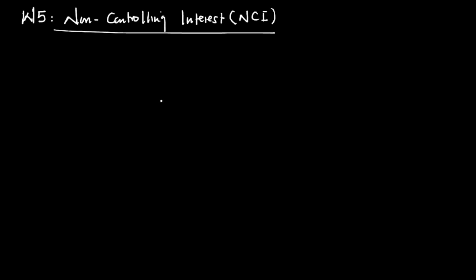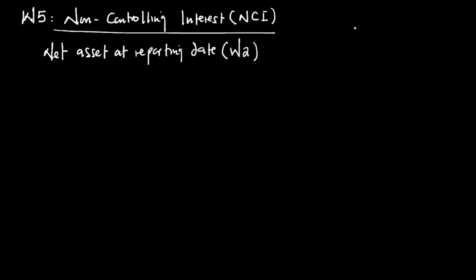So you write net asset at reporting date from working number 2, from W2, that's 480.